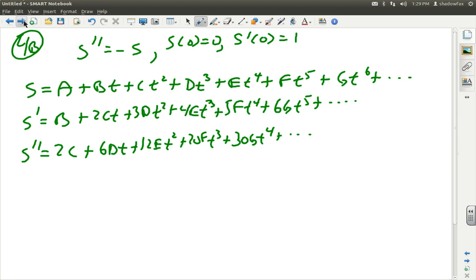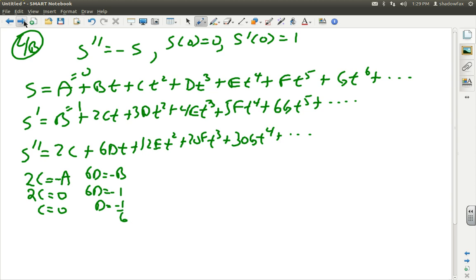And again, by initial conditions, a is 0, b is 1, and 2c is negative a, but a is 0, so c is 0. And 6d is negative b, but b is 1, so d is negative 1/6. And 12e is the opposite of c, but c is 0, so e is 0.